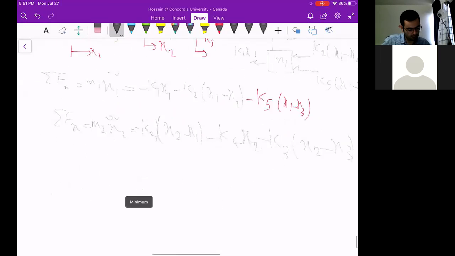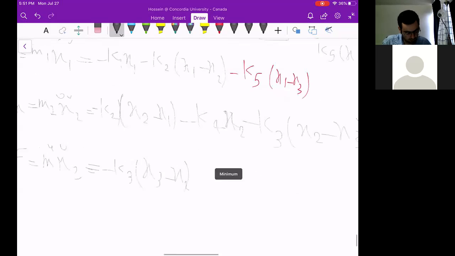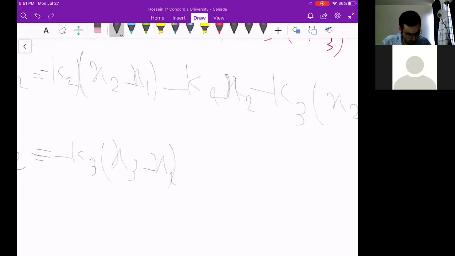And similarly for the third mass, the summation of forces is going to be equal to m3 x double dot 3, which is going to be -K3 (X3 - X2) - K5 (X3 - X1).